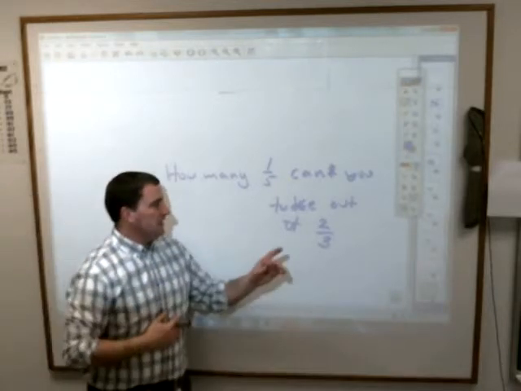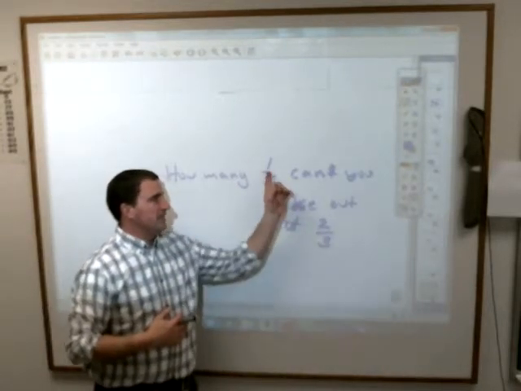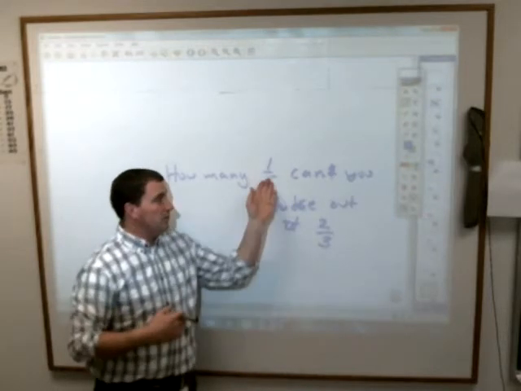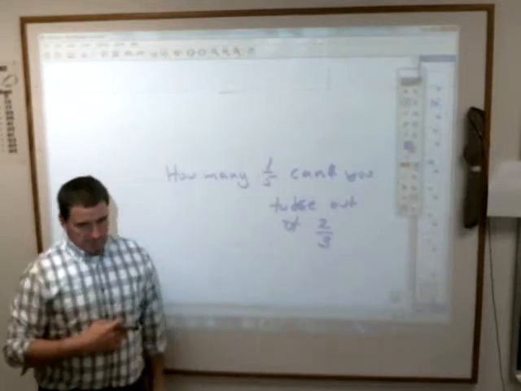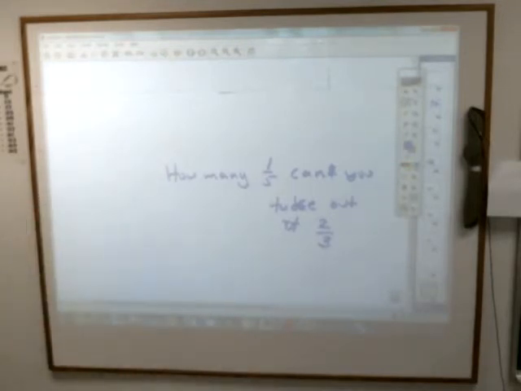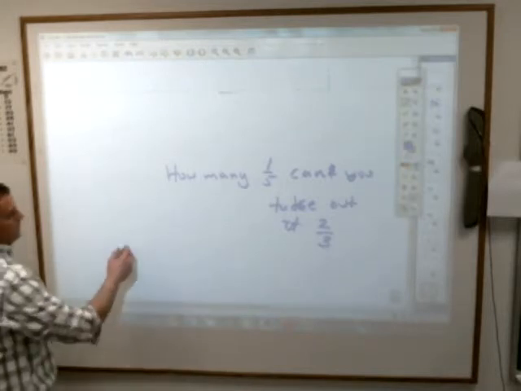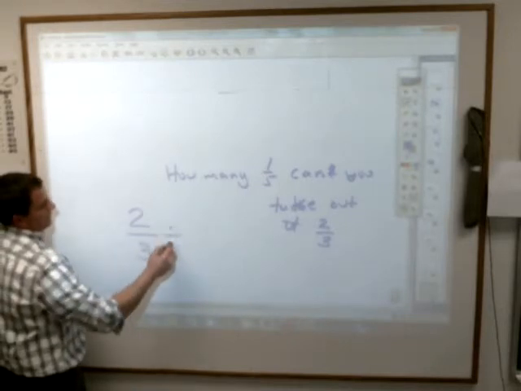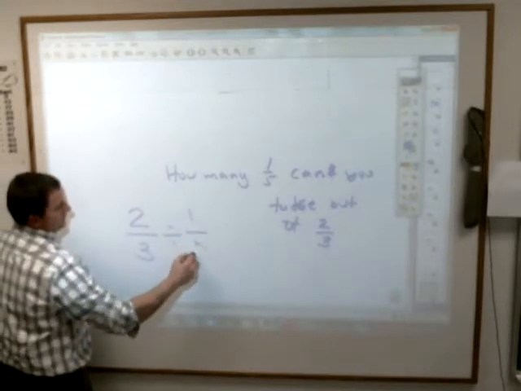It's the same thing as taking 2/3, dividing it by 1/5. That's what you're doing. How many 1/5 pieces? In my mind, I know I'm going to get at least 1, probably 2, maybe 3. I don't know how many I would get. But it is the problem 2/3 divided by 1/5.